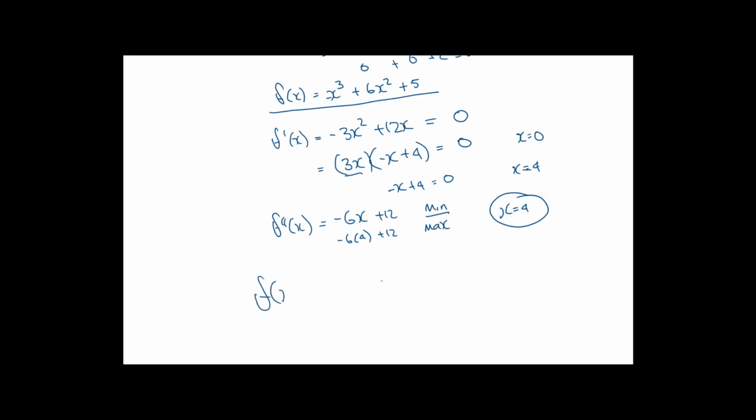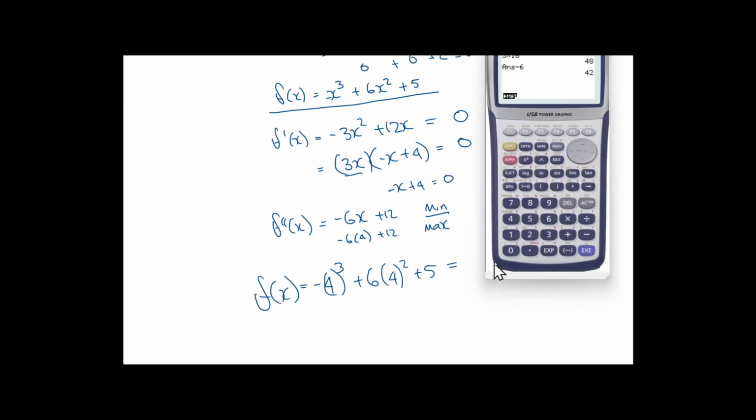So if you're following me so far, so -4 cubed plus 6 times 4 squared plus 5, and I'm going to use the calculator because I have no idea what that is off the top of my head. -4 cubed is that, plus 6 times 16, 4 squared is 16, is that, plus 5 is 37.